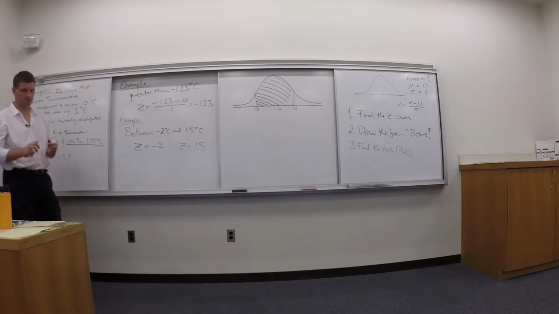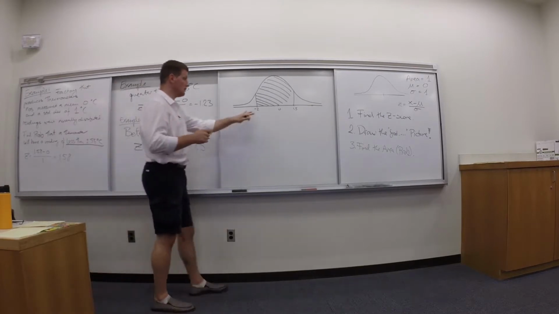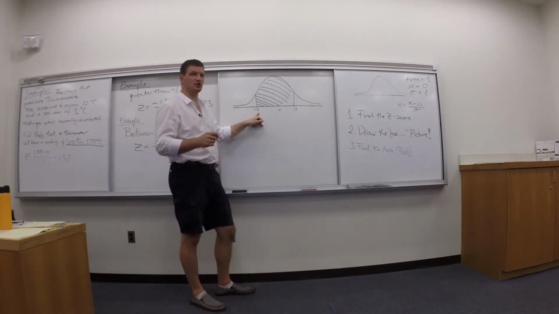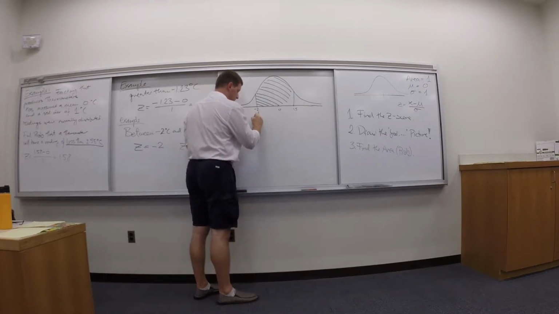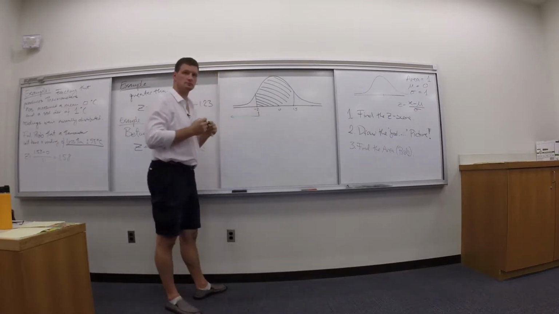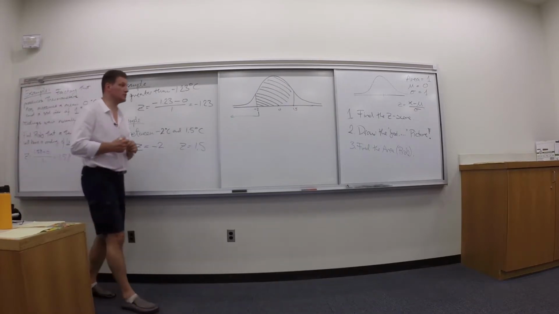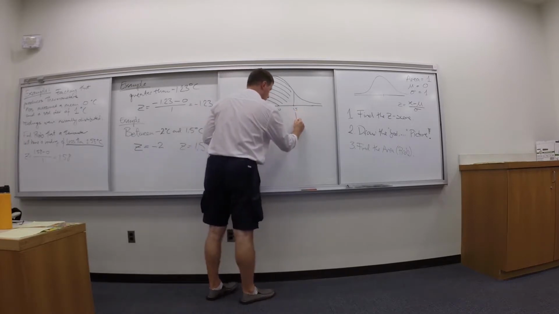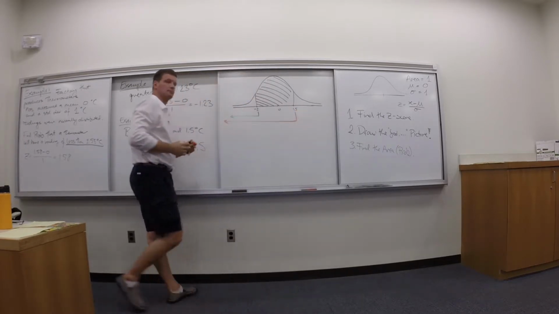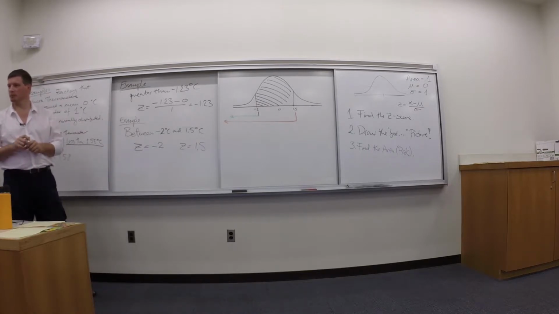So how do I get it? If I look at the probability assigned to z-score negative 2, to the left of negative 2, I'm going to get this probability. If on the other hand I look at the probability at 1.5, I'm going to get this probability. So how do I get the middle part?